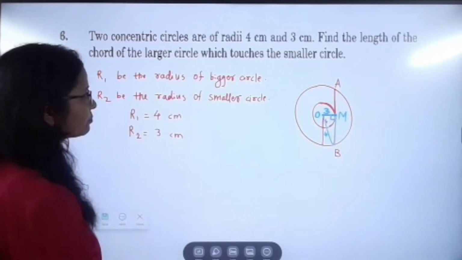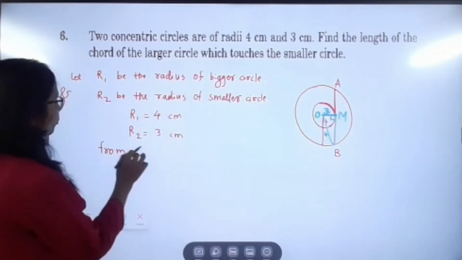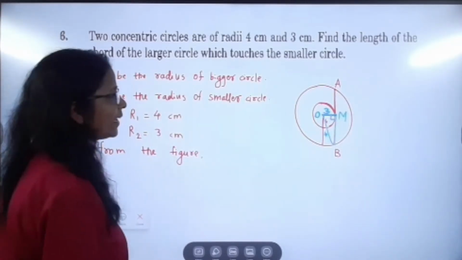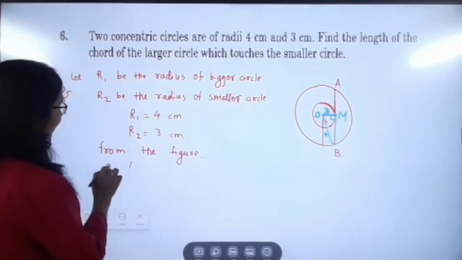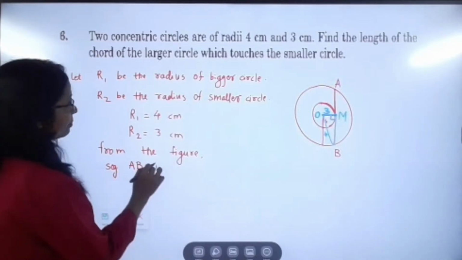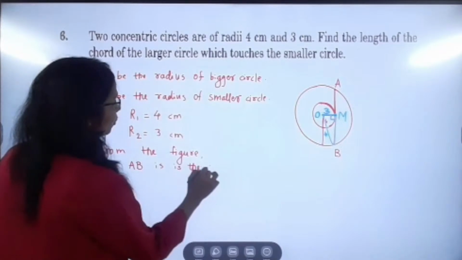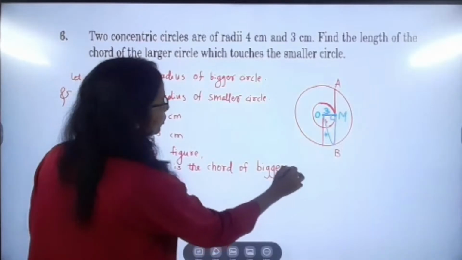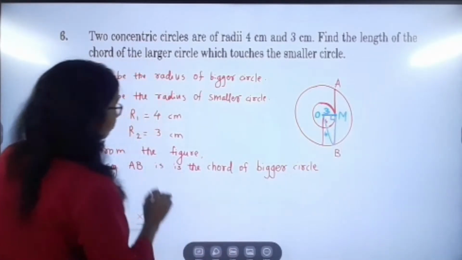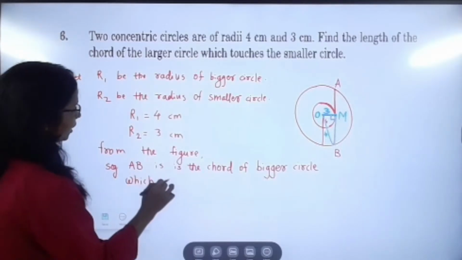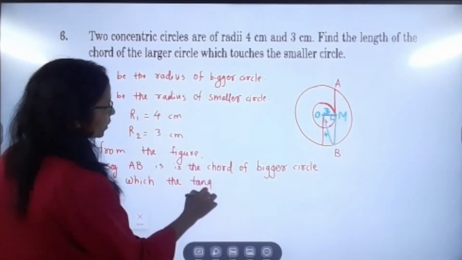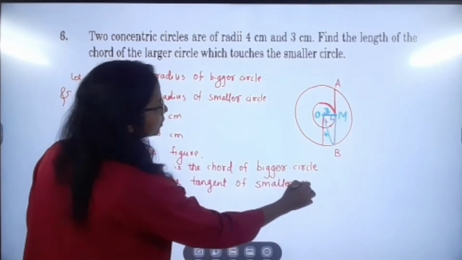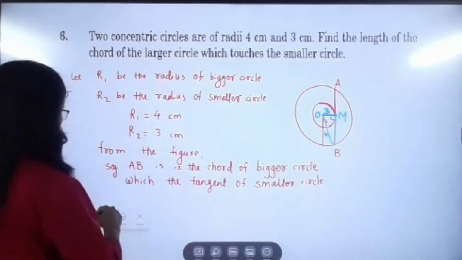From the figure we can say that segment AB is the chord of the bigger circle, which is the tangent of the smaller circle.